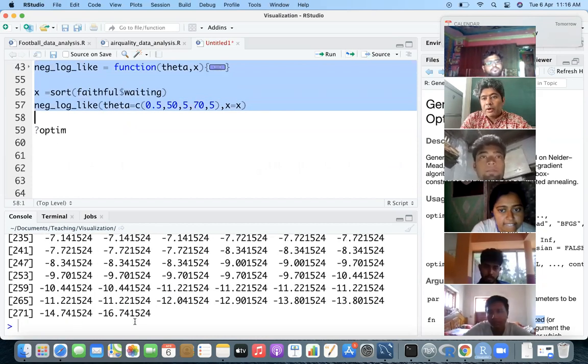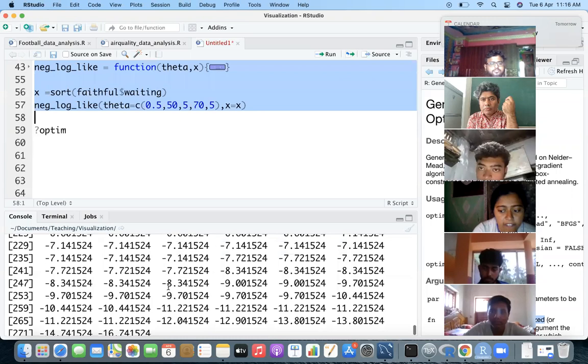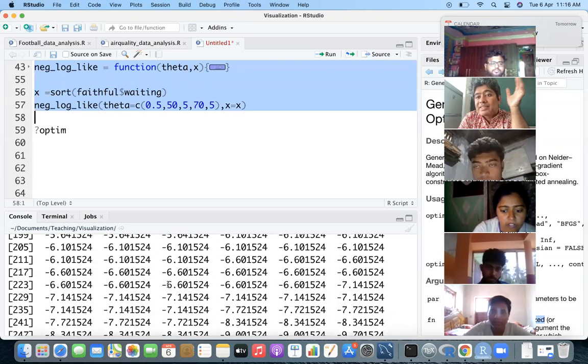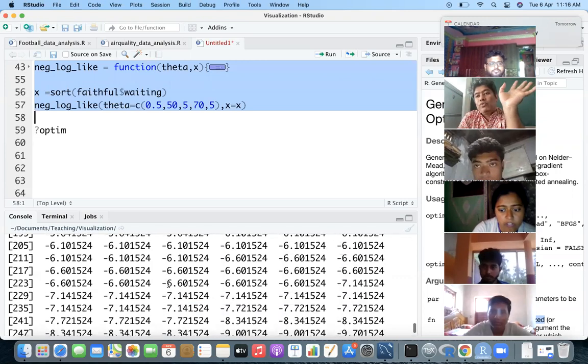Now you can see these are all negative after taking log because they are very small values, close to 0. You take a log, naturally you will get negative values. But they're like negative 6 point something. They're not very close to 0. That's an advantage, so it will not face the floating point error where I have too small a value and it becomes 0. That is not going to happen.